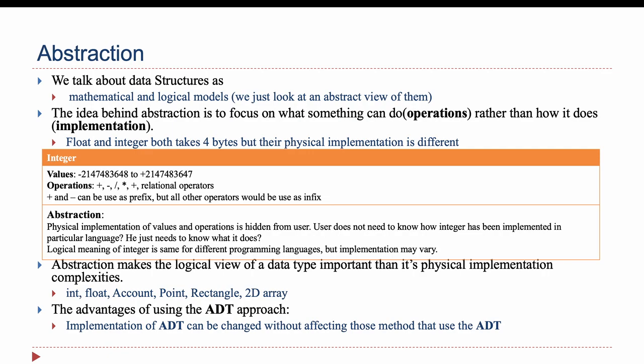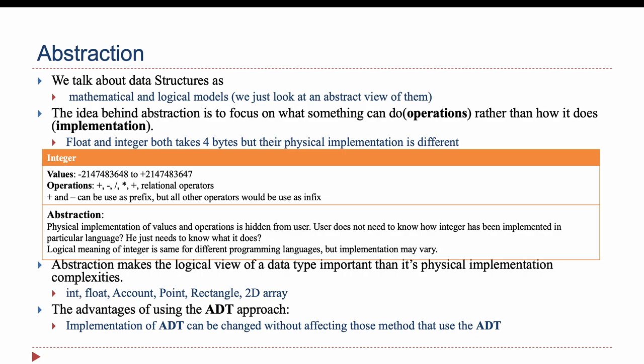However, from an abstract perspective, we can treat them as interchangeable numeric types that can perform arithmetic operations like addition, subtraction, multiplication, and division. Similarly, we can use abstraction to think about more complex data structures like the account, point, and rectangle classes, or even 2D arrays. By focusing on the operations that these data types support, we can design programs that work with these data types in efficient and flexible ways.